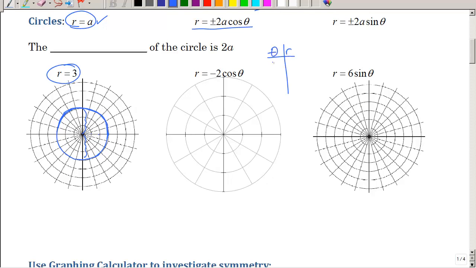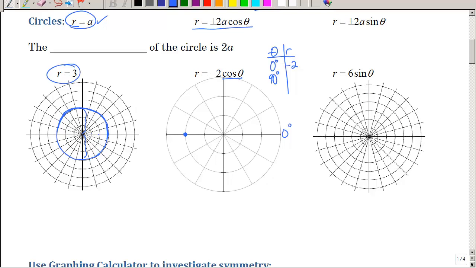Let's say I let theta be 0 degrees. What's the cosine of 0? It's 1 times negative 2. This is a good opportunity to remember how to plot points. At 0 degrees, instead of going towards 0, we would go back. So that's 0, negative 2. What if I let theta be 90 degrees?